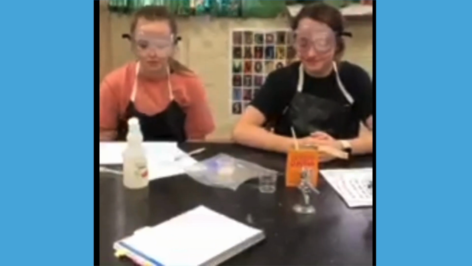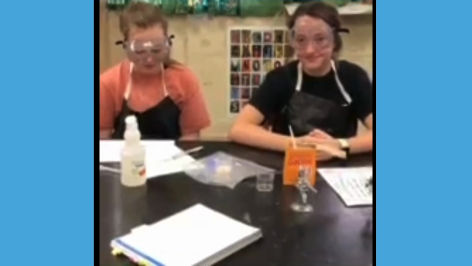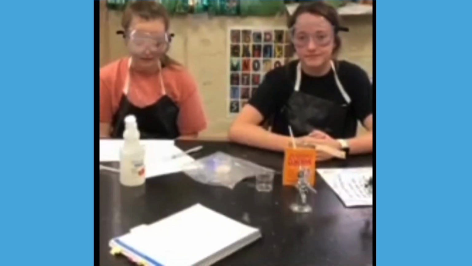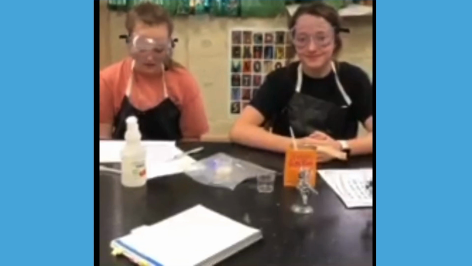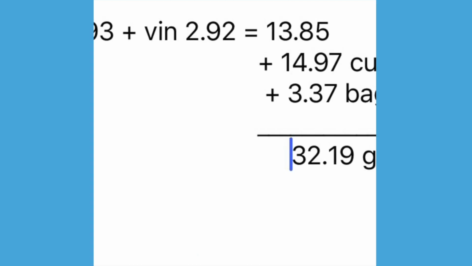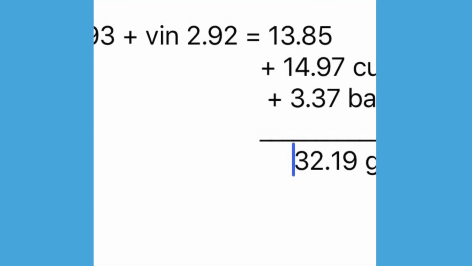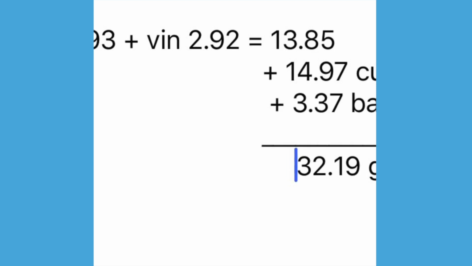So we added our vinegar and baking soda and got 13.85. Then we added 13.85 to the cup, which is 14.97, and the bag, that is 3.37, and got 32.19. And that's what we got for our final mass. So our conclusion is that the law of conservation of mass is correct.